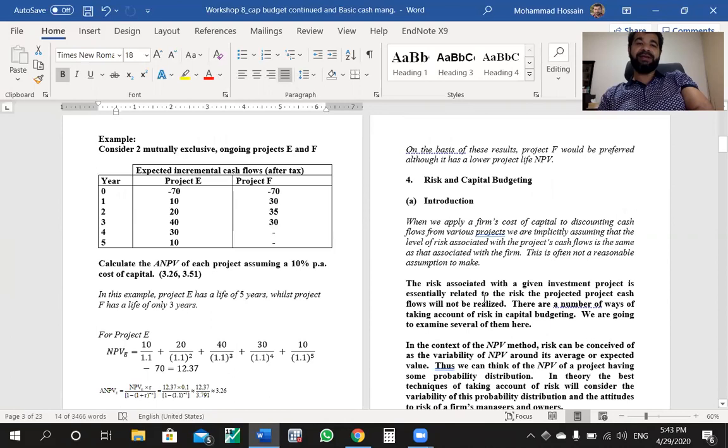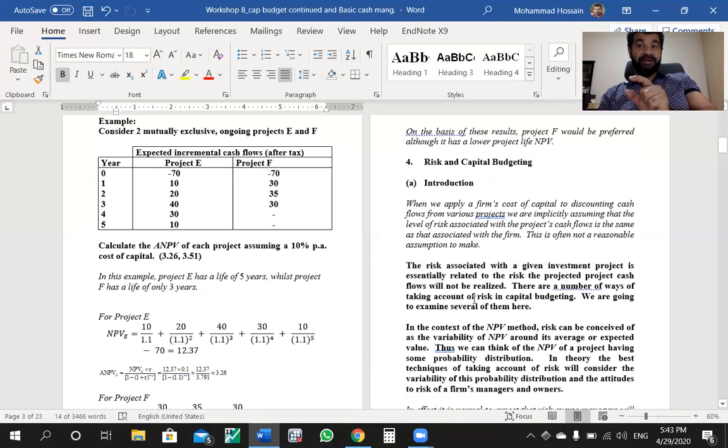Now, what does it actually mean? It means that we will find an annuity value. Again, you're going to find the net present value, that's true, but that net present value will not be just for 1 year.